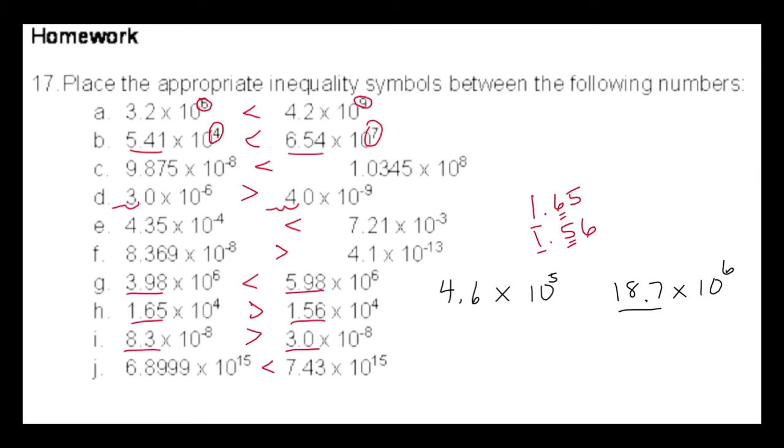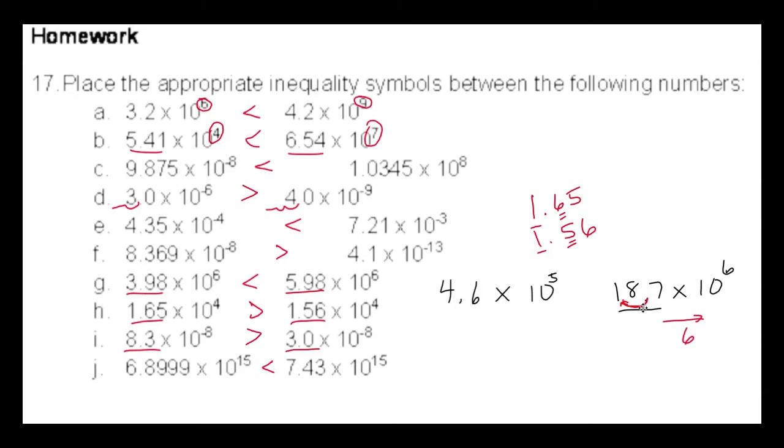So in this case, I have to move this decimal back 1 place. Well, I know I'm going 6 places to the right. I'm actually moving it back a place. So I'm moving it farther away from where it needs to go.